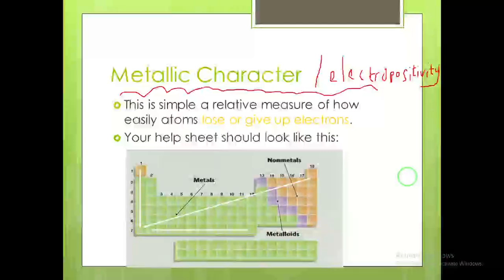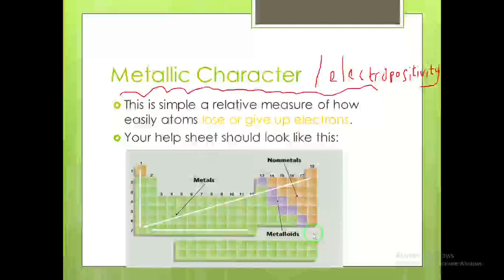Now look at this. We can see that the metallic character increases down the group, and also increases from the end of the period to the beginning of the period.